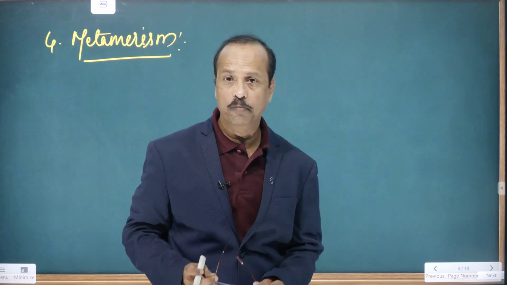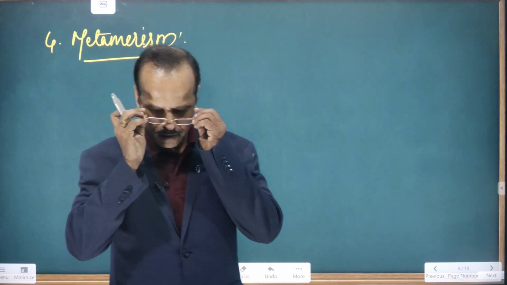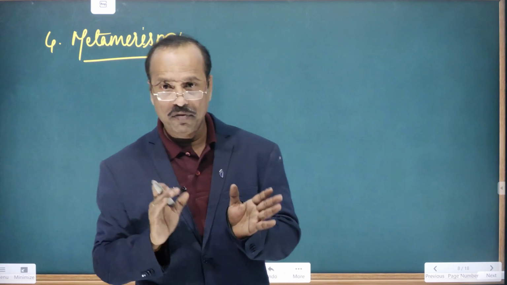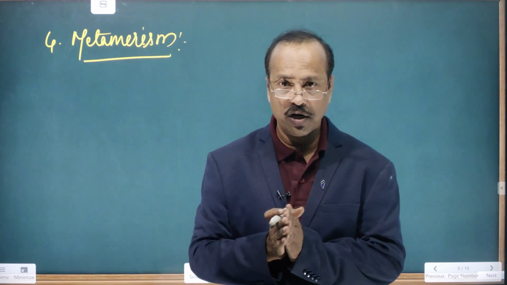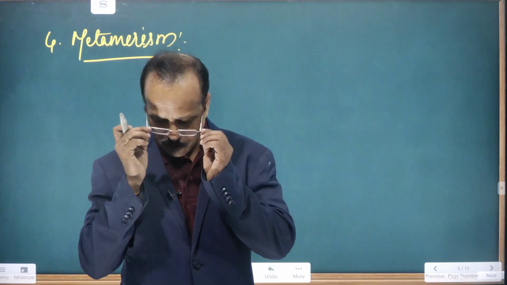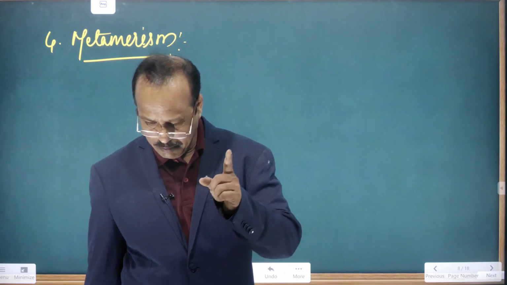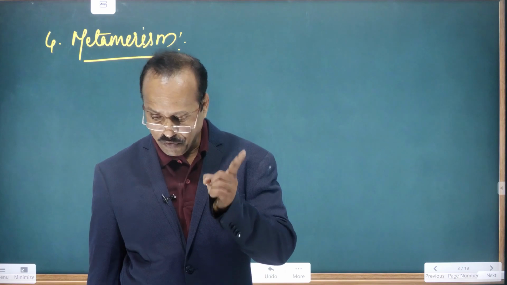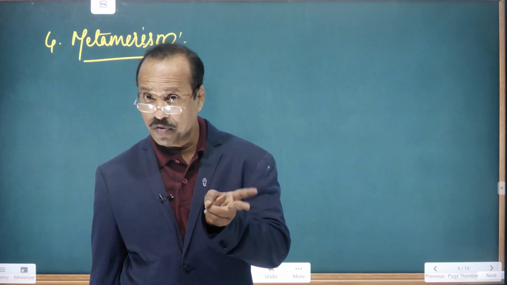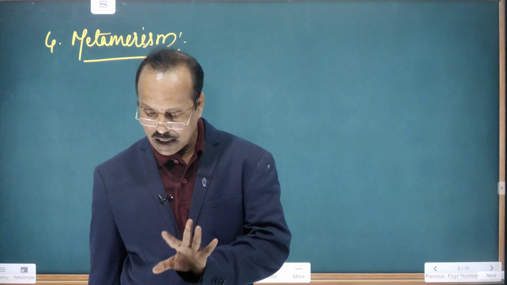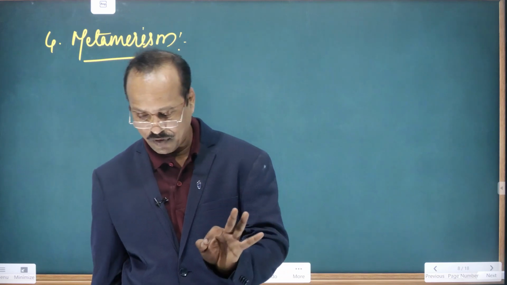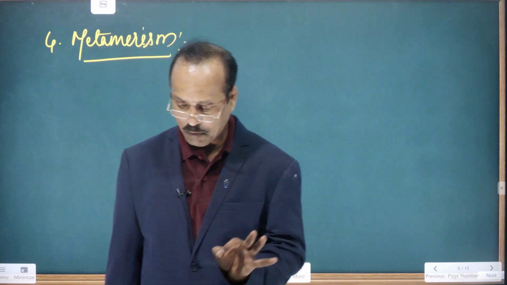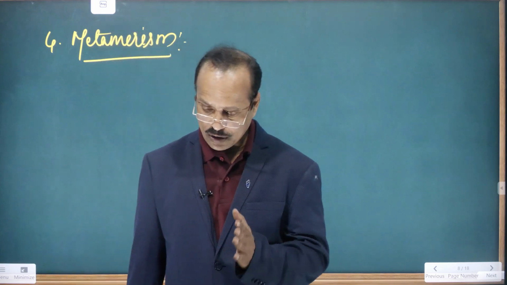Here also the compounds have the same molecular formula, but they are joined with different alkyl groups. See here, page number 81, you have the definition. It arises when different alkyl groups are joined with the same divalent functional group present in the molecule. So that is the definition.